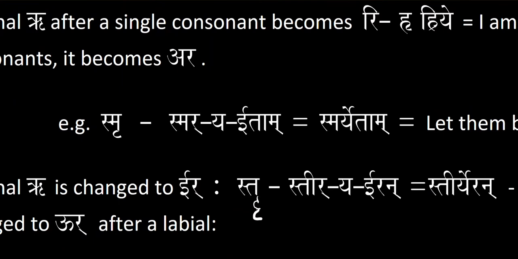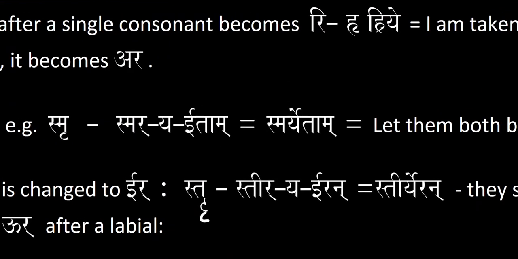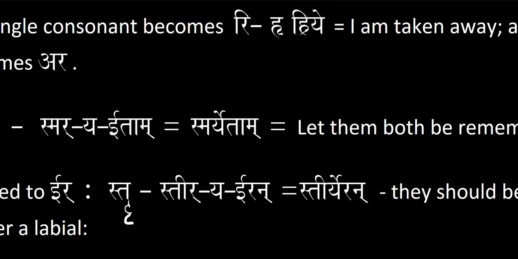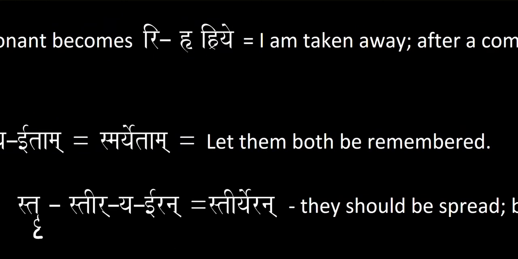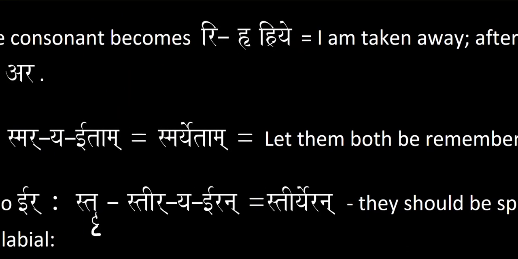That ri in smri becomes smar. Ri becomes ar. And then you're going to add your ya and your termination ending. To have smar and ya and tam together, you end up with let them both be remembered. You end up with smaryetam.